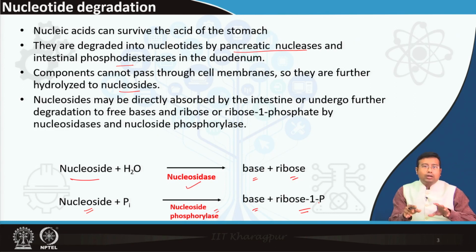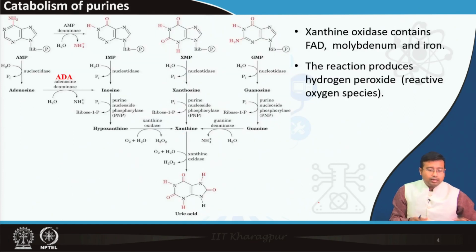Now if we look into the biochemical pathway where these two enzymes fit, this will be it. You can see in the first step, they are first broken down by nucleotidase, which breaks all of them down to their corresponding nucleosides.